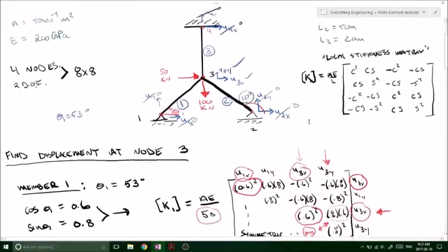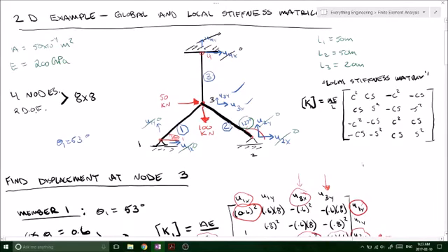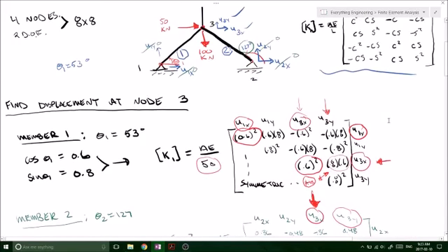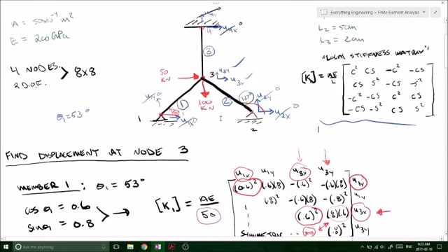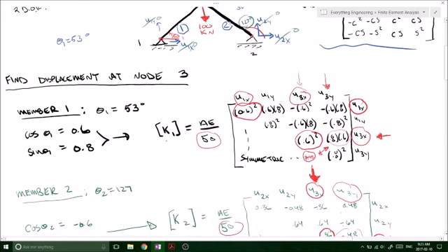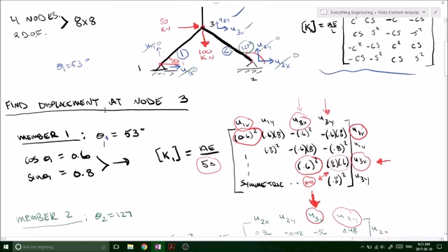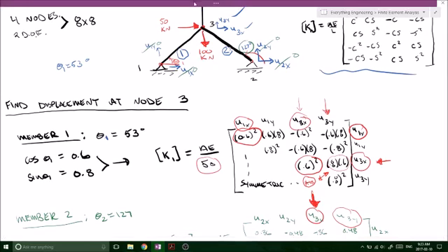So let's just recap. So basically the first thing you want to do is write this out every time. You're probably going to be given this, but you have your local stiffness matrix, your general form with all of your cosines. And what you want to do first, you want to find your local stiffness matrices for every member. Every member is going to have a different local stiffness matrix. So you look at your first node, where you're going to consider first. I considered node 1, and it might be different.